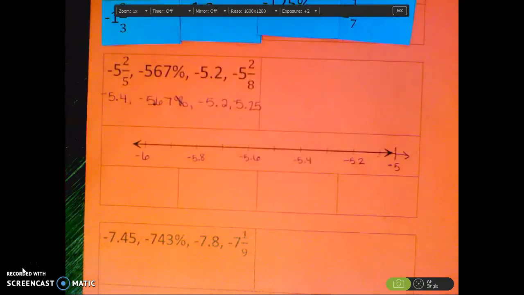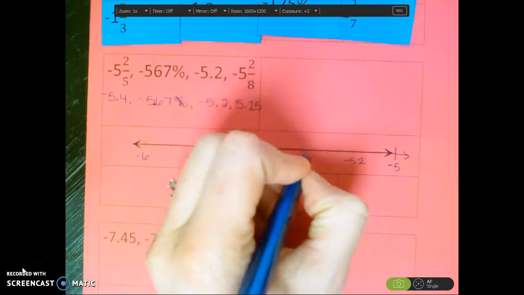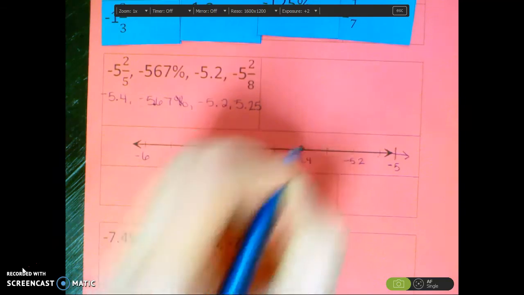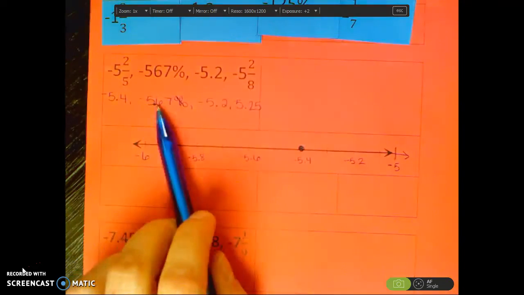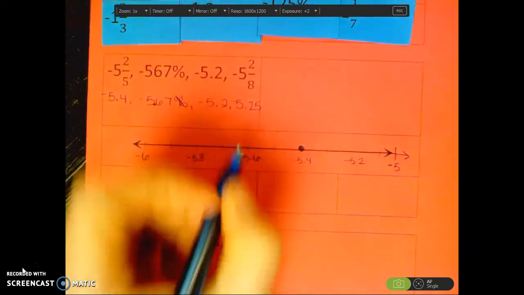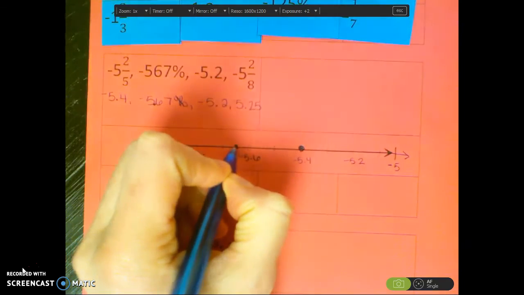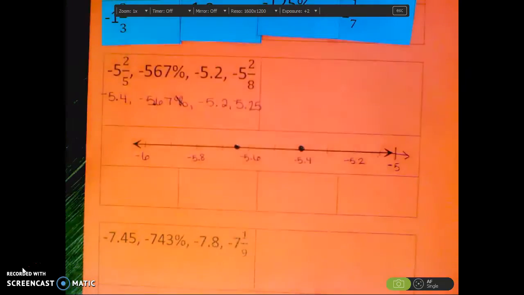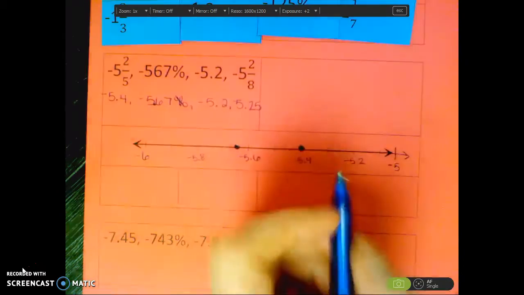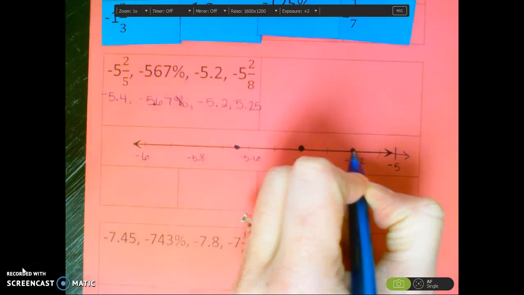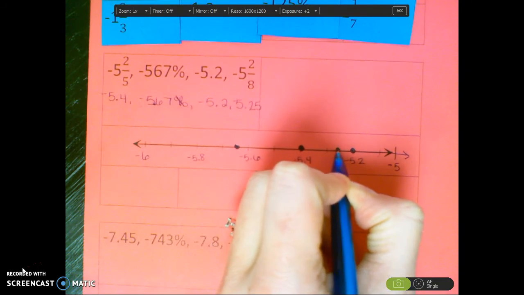Okay? So now we're going to graph these on the number line. 5.4 goes here. Negative 5.67 in between the 5.6 and the 5.7. Negative 5.2 is right on here, and then the negative 5.25.